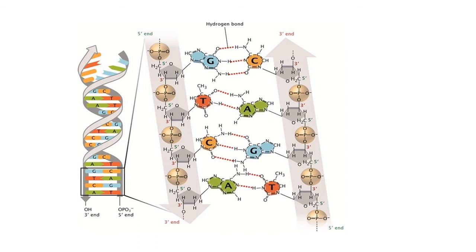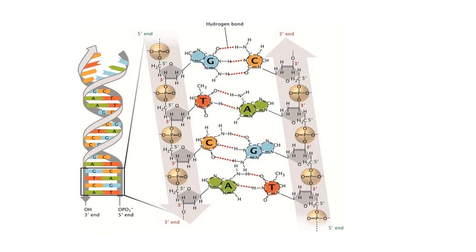Now, each hydrogen bond is relatively weak, but if you have gazillions of them all on the molecule, it ends up being fairly strong. Notice, too, this is a GC base pair. It has 3 hydrogen bonds. The next one's an AT base pair, and that has only 2 hydrogen bonds. So the GC base pair is stronger than the AT base pair because it has 3 hydrogen bonds instead of only 2.